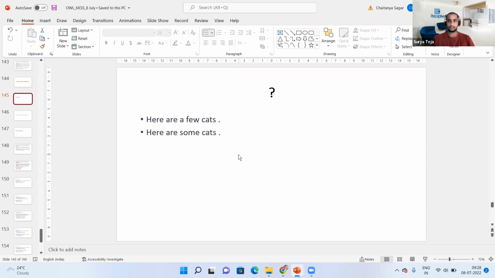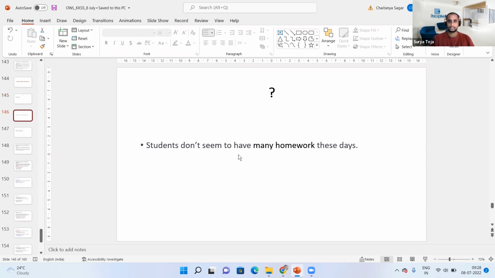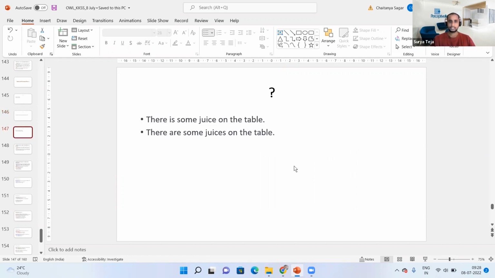We'll see how. If you see here, as you mentioned, this is much, because many is used for a countable noun and much is used for an uncountable noun. In this case, homework is an uncountable noun, unless we say it in terms of certain units. And in this case, both of these statements are correct.